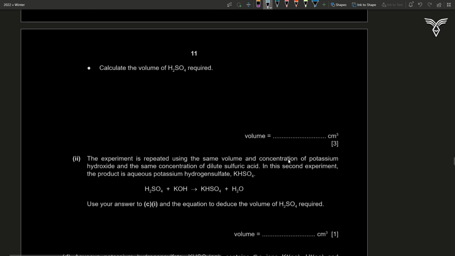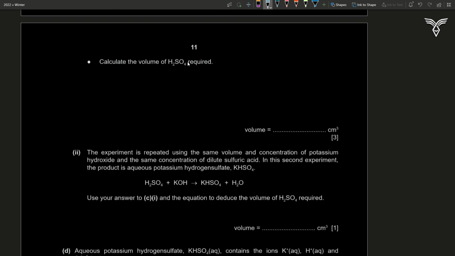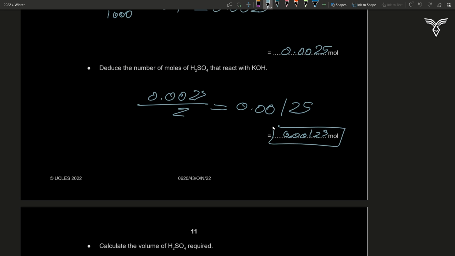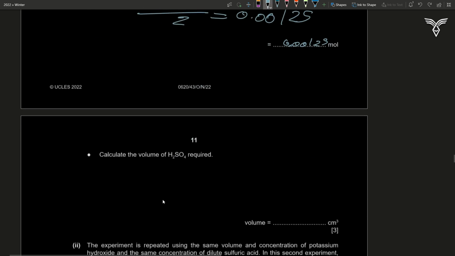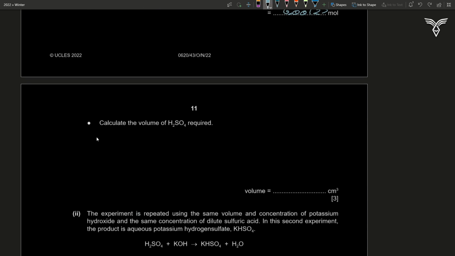ماشي. Calculate the volume of H2SO4 required. معاك المولز، حلو جميل، ومعاك ايه تاني؟ معاك الكونسنتريشن، حلو. هات لي بقى الفوليوم. طيب ايه الايكويشن بتاعت الكونسنتريشن؟ Concentration خلينا نكتب C just for reference.